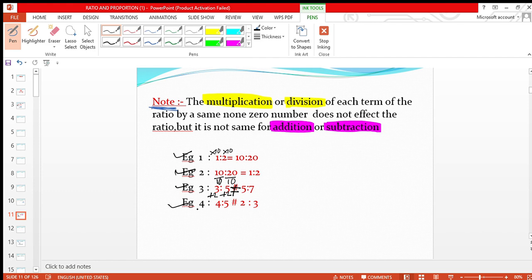Next one, 4 is to 5 is not equal to 2 is to 3. Minus 2, minus 2. Right, the multiplication or division of each term of the ratio by the same non-zero number does not affect the ratio, but it is not the same for addition or subtraction.